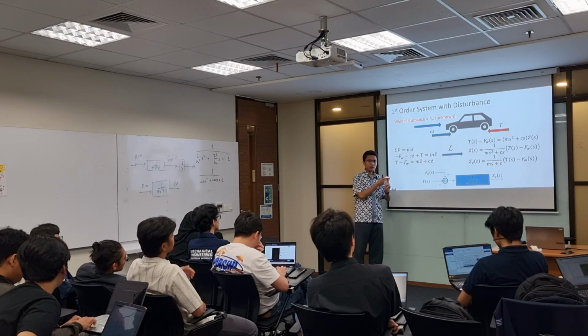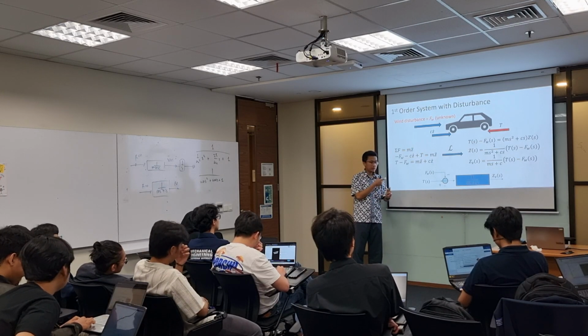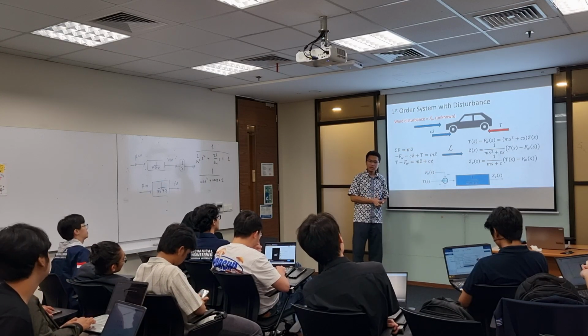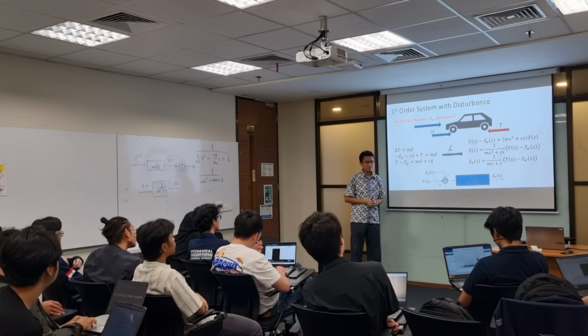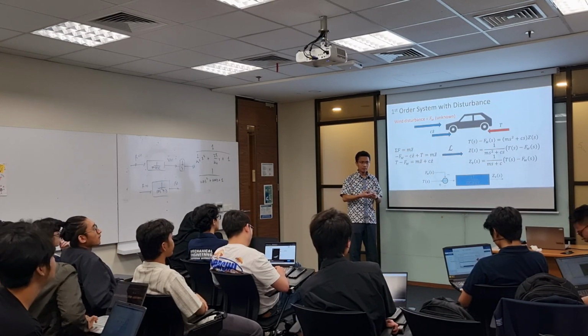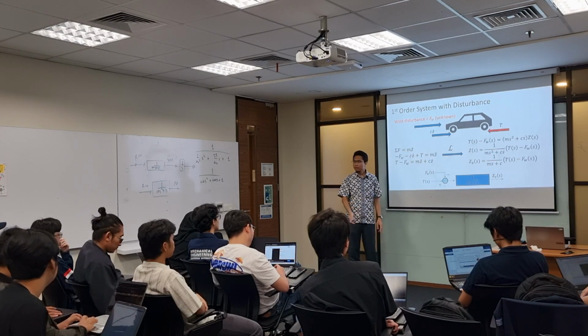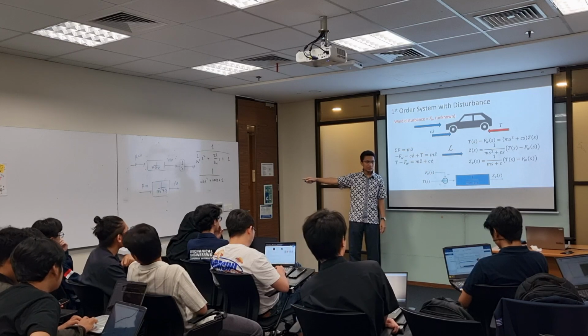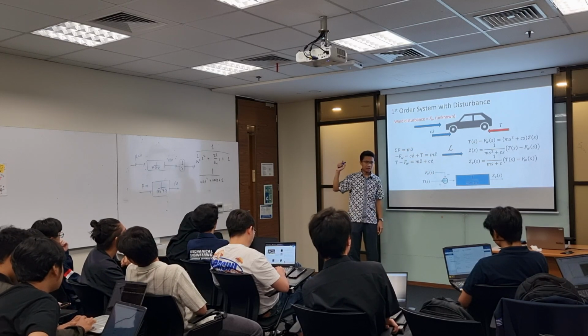Actually, there are only 2. The first one is the velocity, and the second one is the displacement. Based on that analysis, the velocity is stable, however the displacement is not.